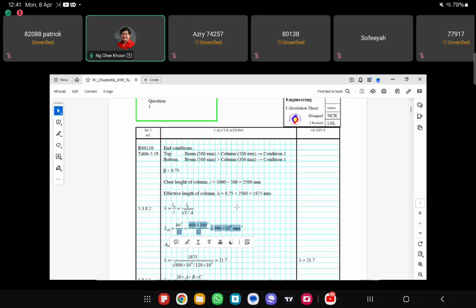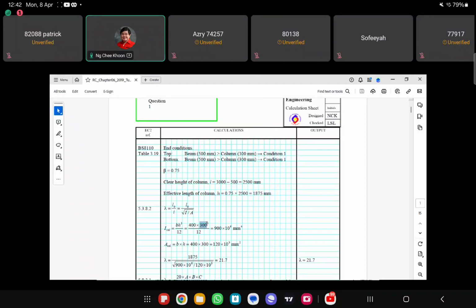Because for every column, there are two axes, the Z and Y axis, right? So now we are calculating for Y axis. So this is IY, right? So you see that IY is the smaller dimension cubed, and then the larger dimension is normally BH cube over 12, isn't it?